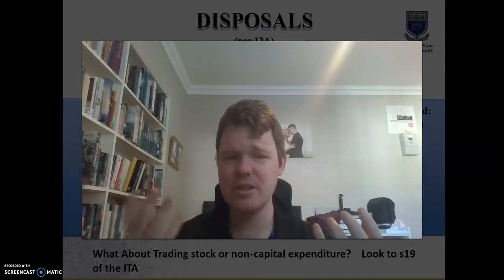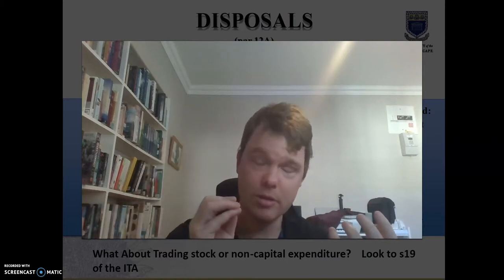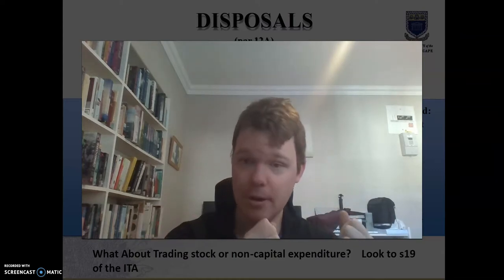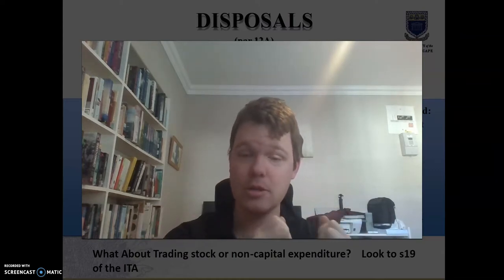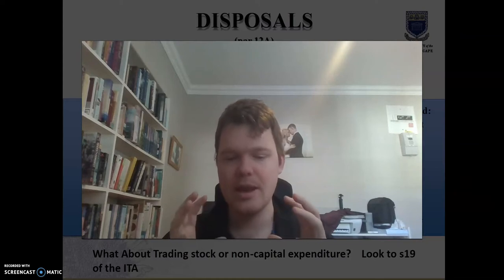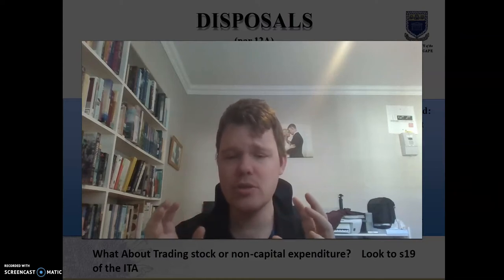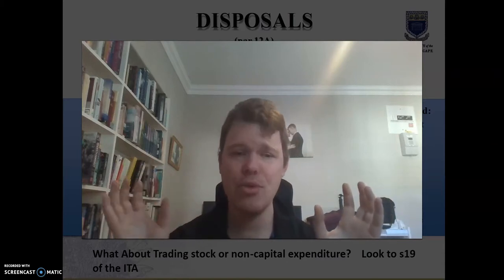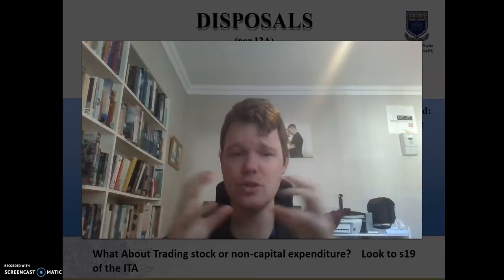Now that debt forgiveness is going to reduce the base cost, which is going to always make your capital gain bigger or make your capital loss smaller. So it's always going to be a way of increasing the tax in some way. Now, what you're required to do in these scenarios is to say, well, hey, if it was 100 and it's now 300, the difference is 200.